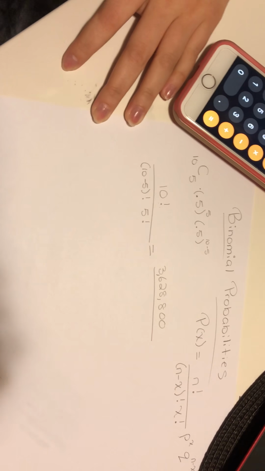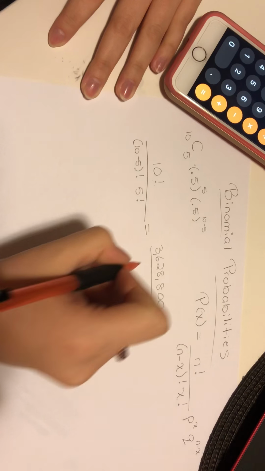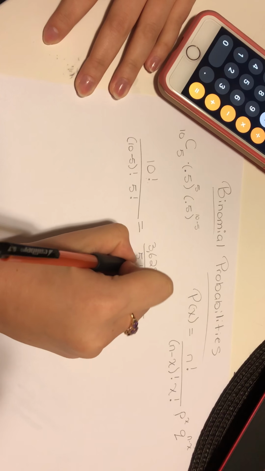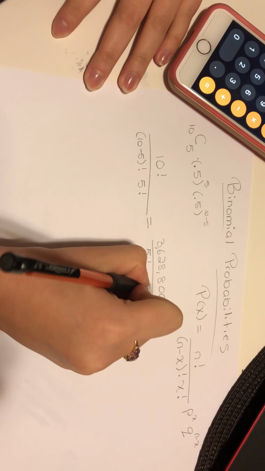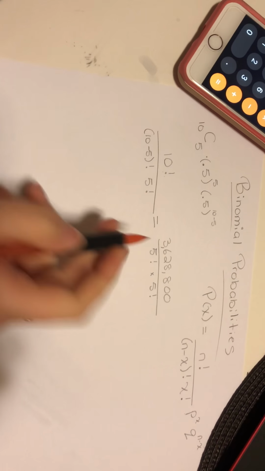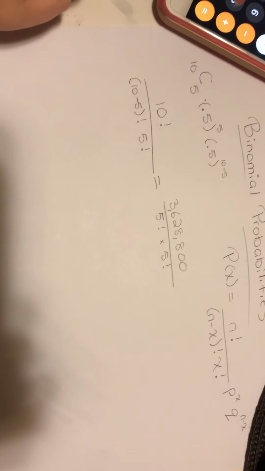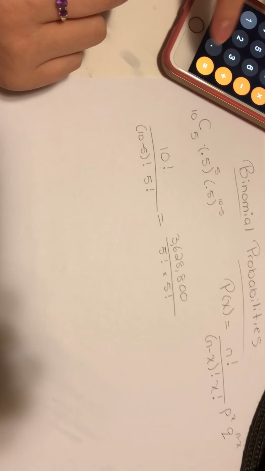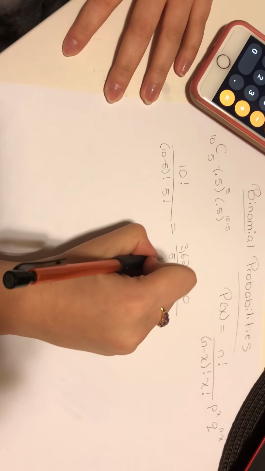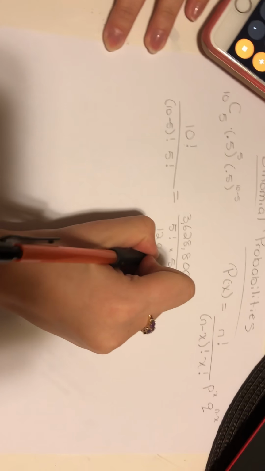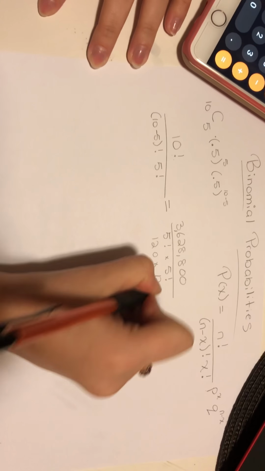Now, down here, we're going to do 5 factorial, multiplied by the numbers before it. So in this case, it's going to be 5 times 4 times 3 times 2 times 1, which is 120, and that's going to be the same thing, so 120.